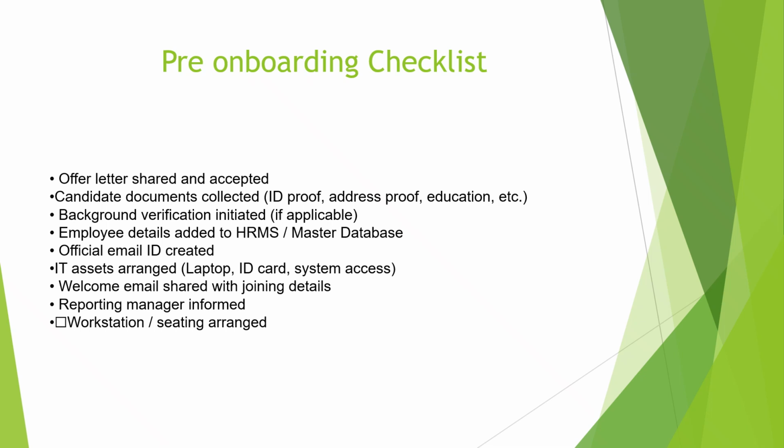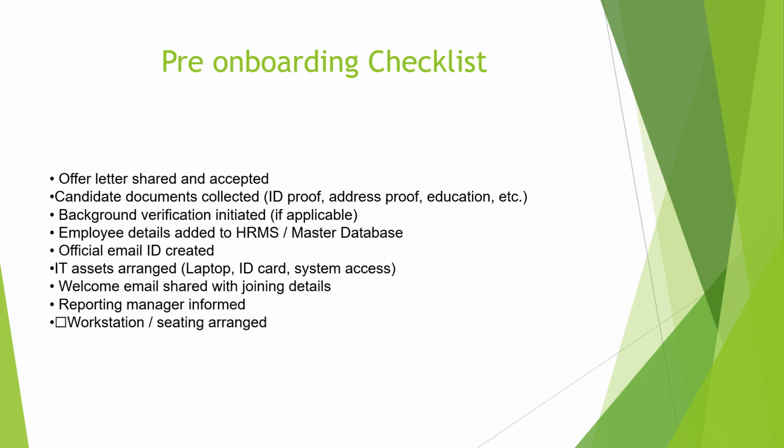The fourth one is employee details added to the HRMS and master database. We have attendance punch in, punch out, so the employee name and their CTC breakup need to be added for the payroll system, and then he can get access to office entry and exit.